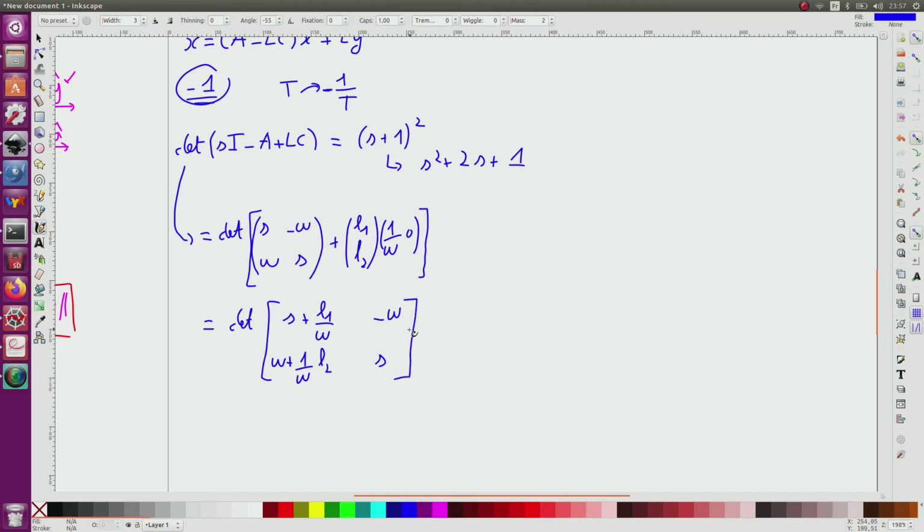Okay. If I compute this, I have to do that times this minus this times that, and I will obtain s squared plus 1 divided by omega L1 s plus omega 2 plus L2.